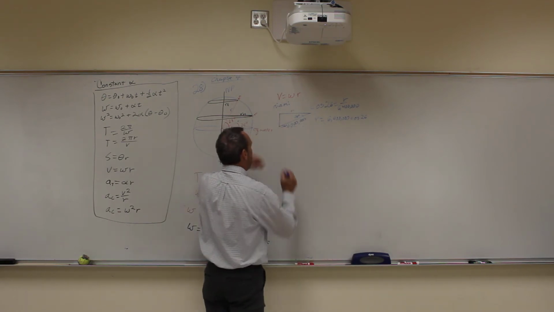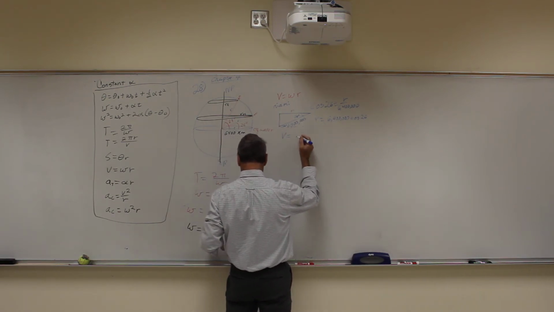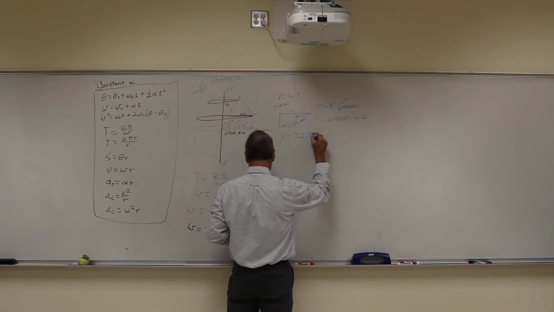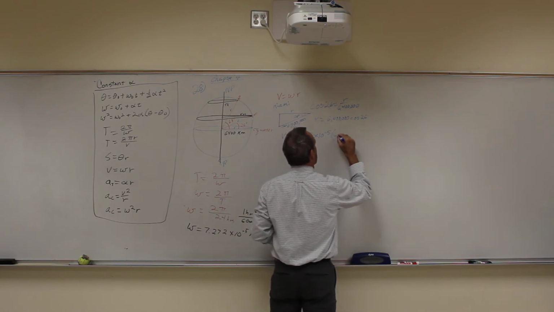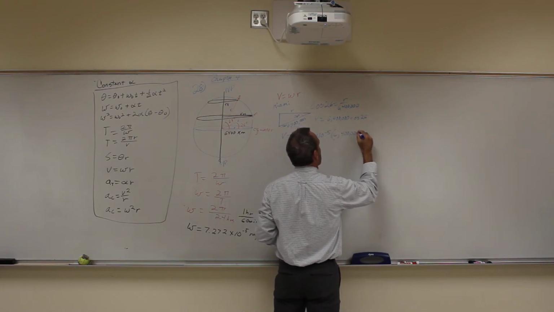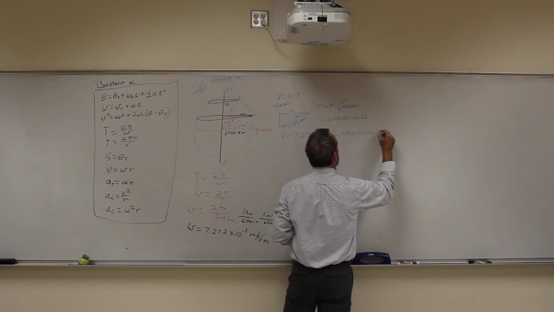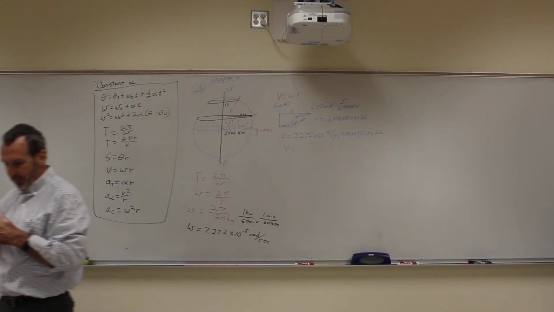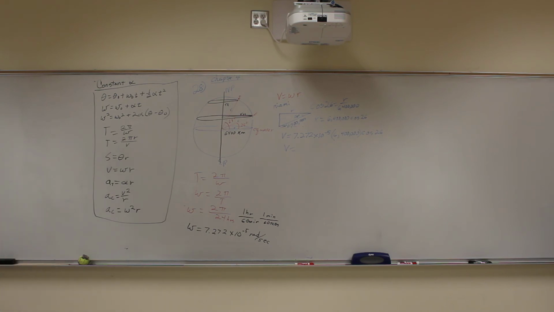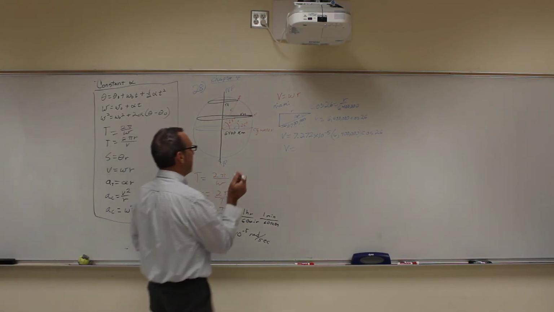And then I can plug that in here and say, oh, v is just equal to 7.272 times 10 to the minus fifth times 6,400,000 times the cosine of 26. I do that, I get the velocity of the student in Miami. So when I do that, I convert, and I get he's going at 418 meters per second.